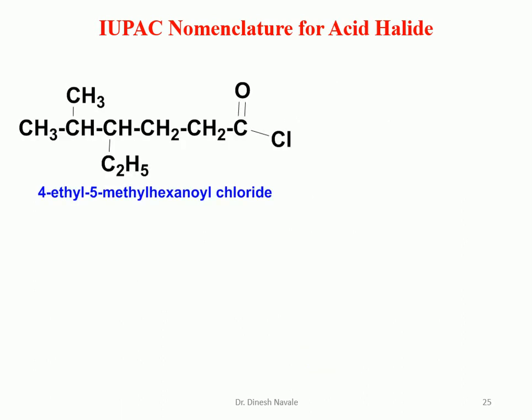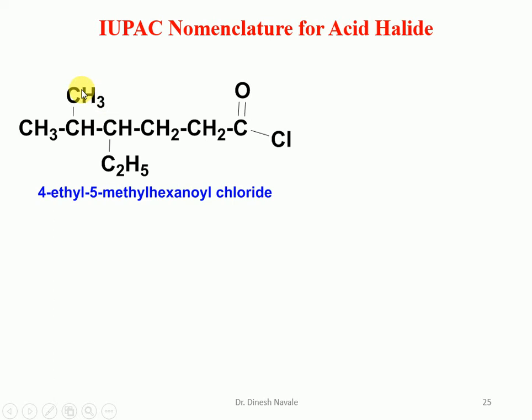For this molecule, the IUPAC nomenclature, we have to see the longest possible carbon chain. So it is carbon 1, 2, 3, 4, 5, 6. 6 carbon atoms, so it is hexane. And the E will be replaced by oyl halide. So it is chloride. So it is hexanoyl chloride. Now an ethyl substituent is present at carbon number 4 and a methyl substituent is present at carbon number 5.